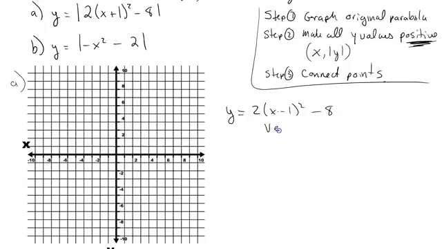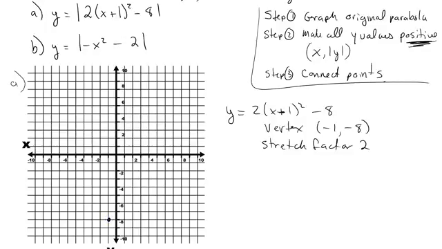So the vertex is going to be at, oh sorry, I want positive 1, I don't want negative 1. At negative 1 comma negative 8, and we have a stretch factor of 2. So I'm going to place down my vertex first, negative 1 and negative 8.